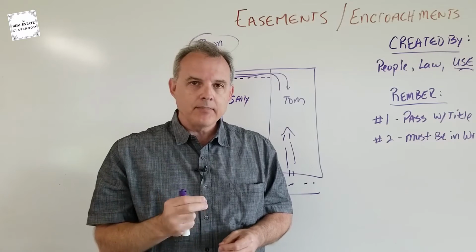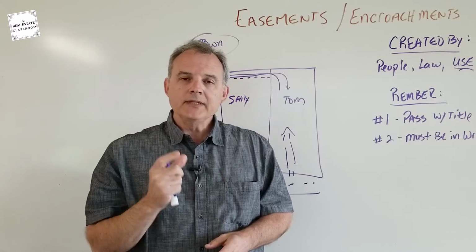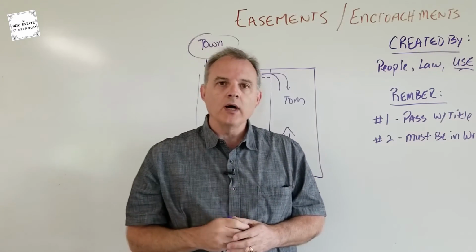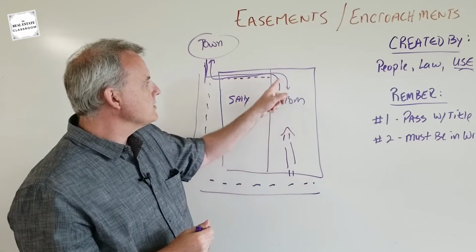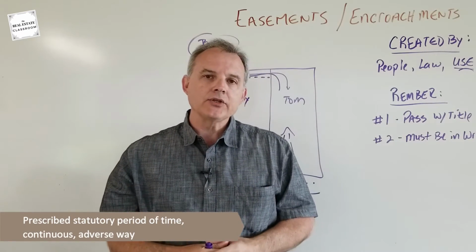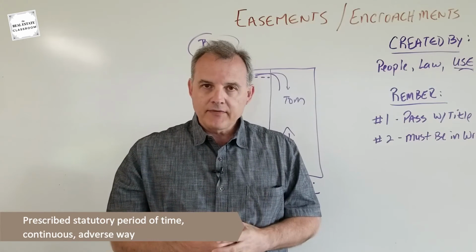But for easement by prescription to be valid, there are some key legal essential elements that must be met. Number one, Tom must have done this for a prescribed statutory period of time as determined by that specific state law.